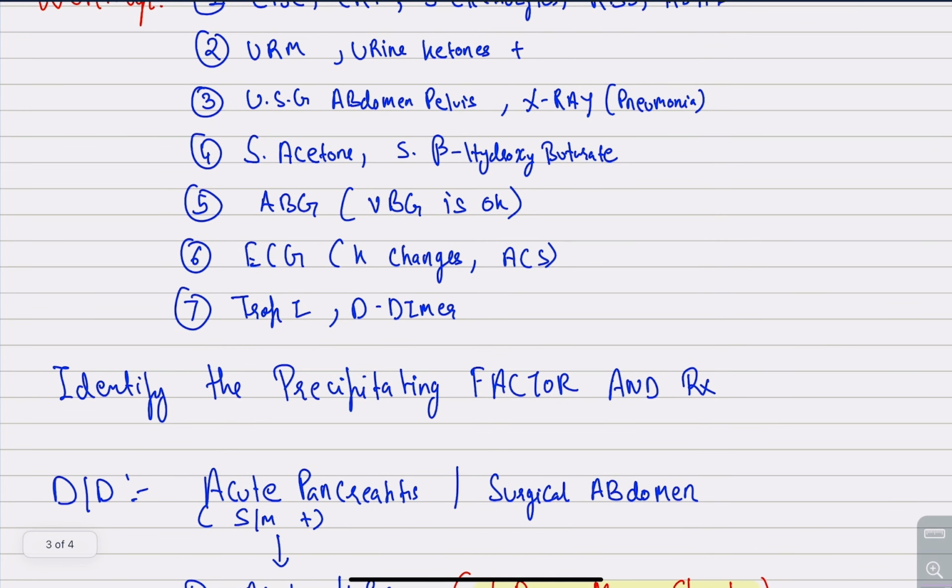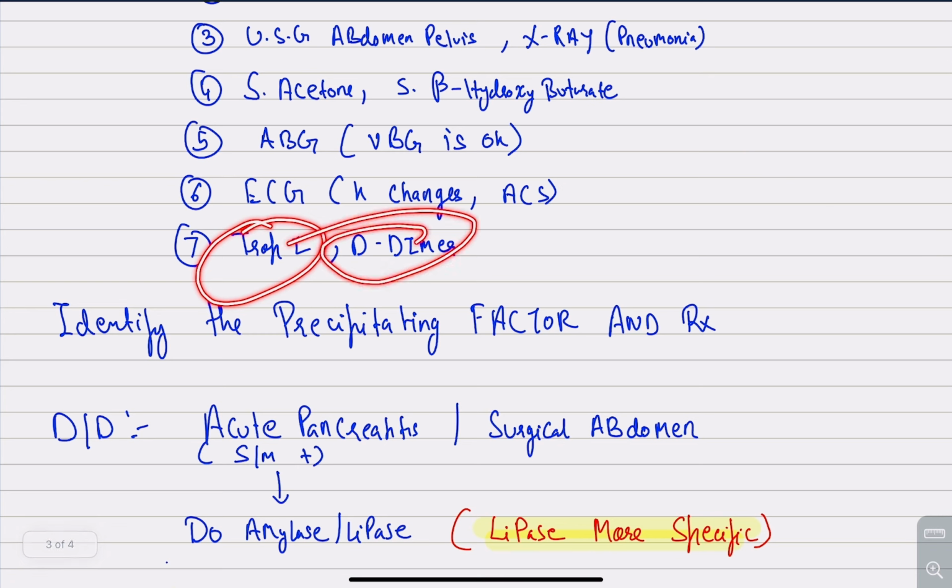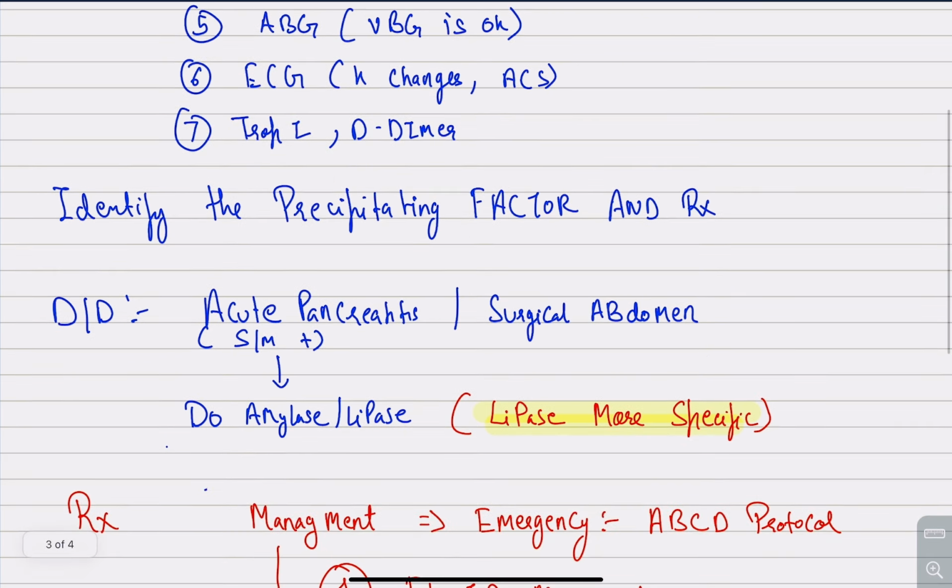So you will do an ECG to rule out acute coronary syndrome or myocardial infarction, and to give insulin, you need to check your potassium level, so you can get an idea of hypokalemia or hyperkalemia from the ECG. You will do troponin and D-dimer, troponin for MI again, D-dimer for any hypercoagulable state. Okay.